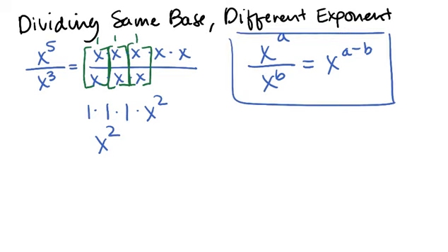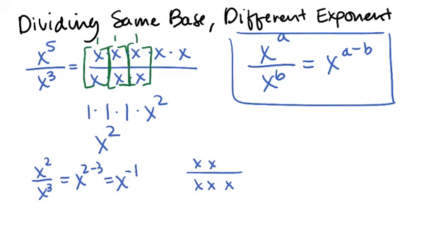Okay, so that's the general rule, but I've got more to say about this. Let's look at x squared divided by x to the 3rd. Using our shiny new subtraction rule, I'm going to say that's x to the 2 minus 3 equals x to the negative 1. But if I actually write out the x's for x squared divided by x to the 3rd, I'm going to have x squared divided by x squared.